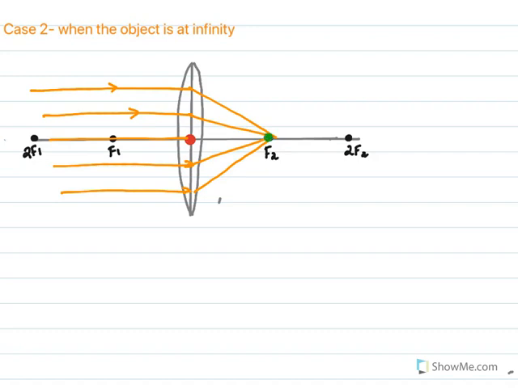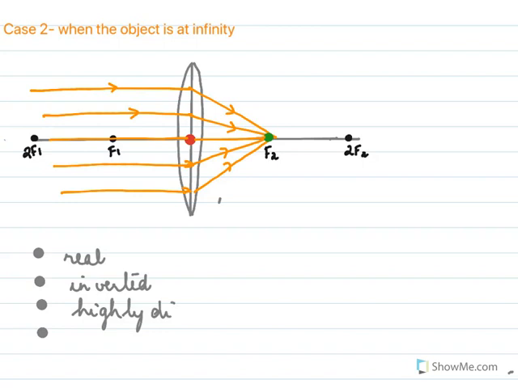And if you were to note down the nature of the image, you will say it is real because the rays actually meet after refraction here. Real, and because it's real, it is inverted. Highly diminished, see, it's just a dot.